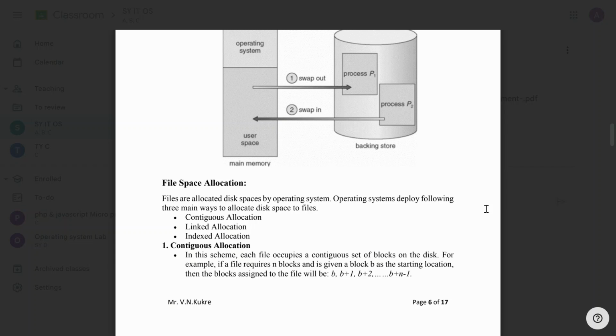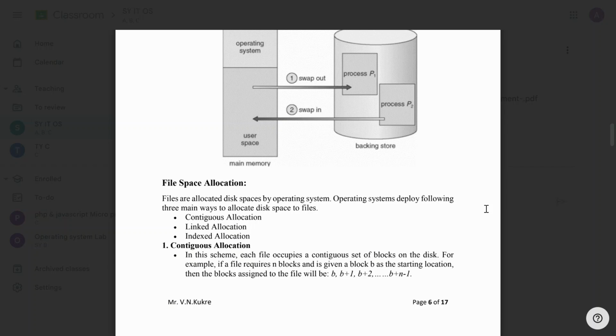For example, if a file requires n blocks and is given a block B as the starting location, then the blocks assigned to the file will be B, B plus 1, B plus 2, and so on, up to B plus n minus 1.